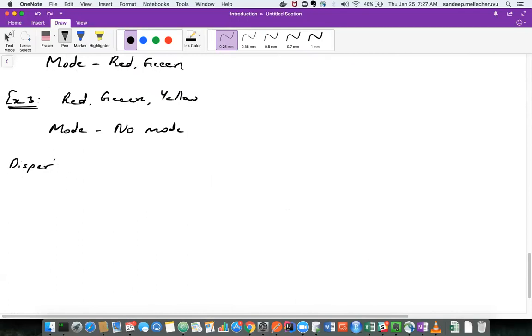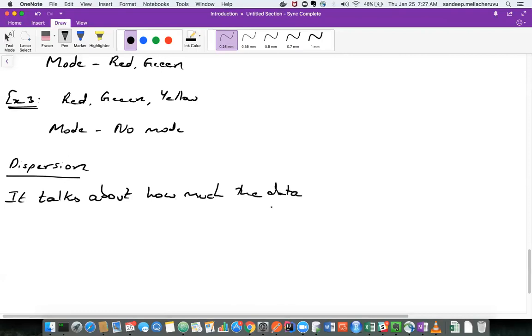Dispersion. Now what is dispersion? Dispersion talks about how much the data is deviated from the center.